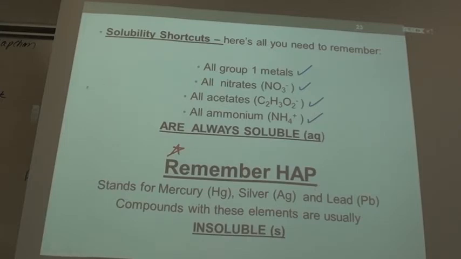What happens if I have a compound, I don't even know if this exists. If it existed, I would call it mercury 2 acetate. Would mercury 2 acetate be AQ or S? It would be AQ because all acetates, I don't care what it's paired with, are soluble.